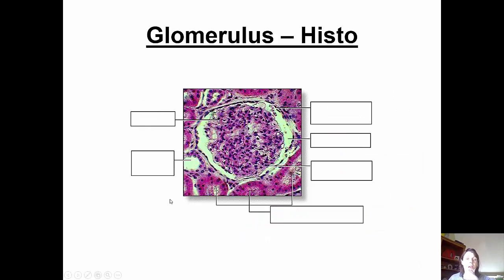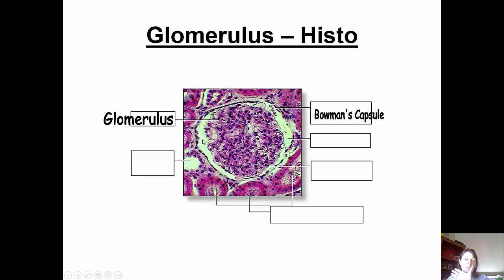Histologically, looking at a kidney, this cluster right here with this white space surrounding it, this is a glomerulus, with a Bowman's capsule being this very thin ring of nuclei around the edge. Okay, so you've got your glomerulus, this glob in the center, and your Bowman's capsule is going to be around it, and you've got this empty space in between.